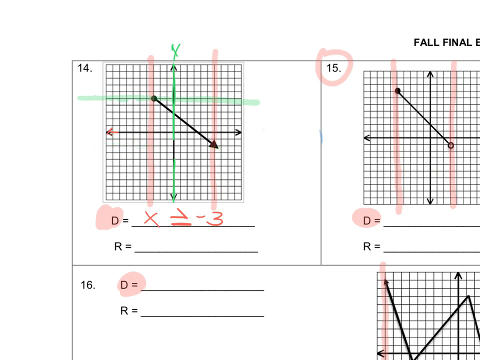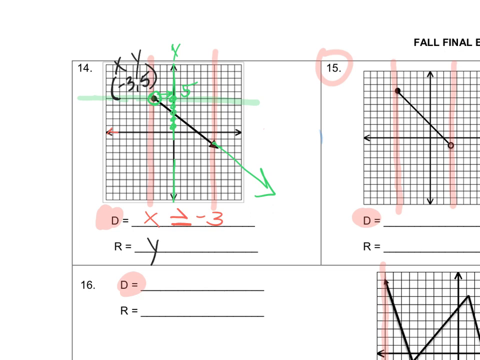That's going to keep going on forever. I look at my y-axis, 1, 2, 3, 4, 5. That's at positive 5, right? So if you think about it, this point was at negative 3, 5, which is what helped me figure out my x value for the domain and my y value for the range.